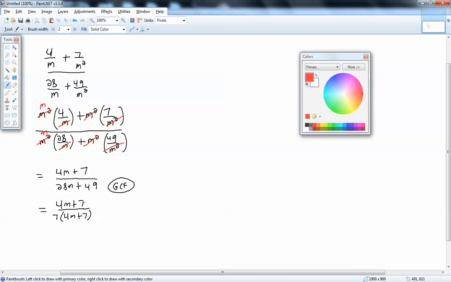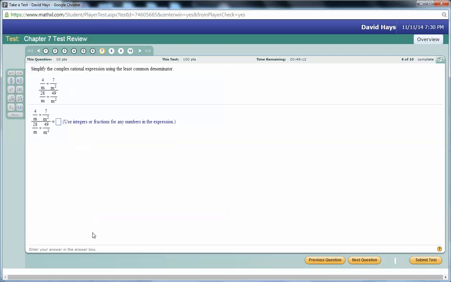Now after we get done factoring top and bottom, we cancel. They both got 4m plus 7, which gives us 1 over 7 as our answer. So 1 over 7. Let's go to the next question.